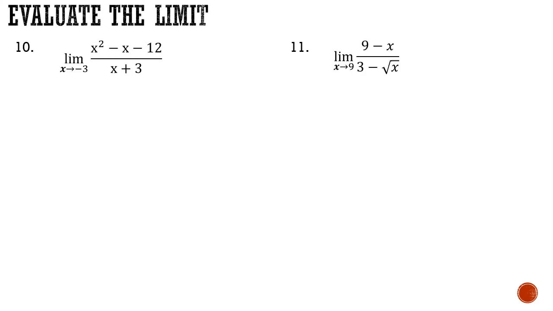Number 10. The limit of x squared minus x minus 12 over x plus 3 as x is approaching -3. You should be able to do this one by now. It's really similar to what we've been doing. I'm just going to factor this numerator.